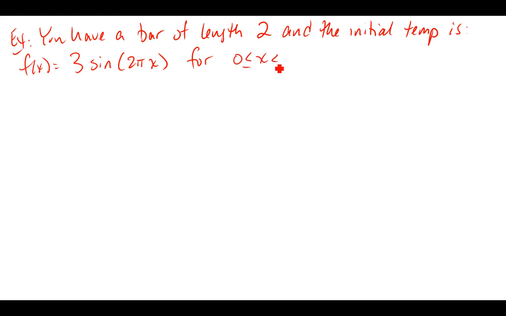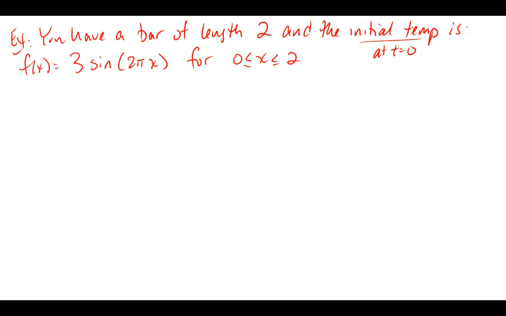And of course, in case it's not clear, x is our bar. Our bar is of length 2, so x ranges between 0 and 2. And when we say initial temperature, we're describing the temperature at time 0. Okay, so that's this f of x that we've been talking about, the initial boundary condition.